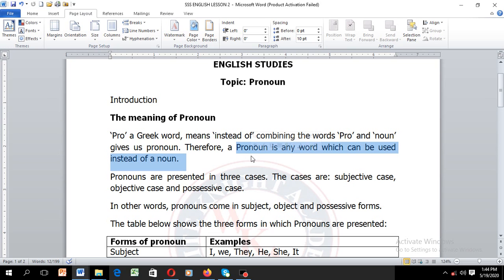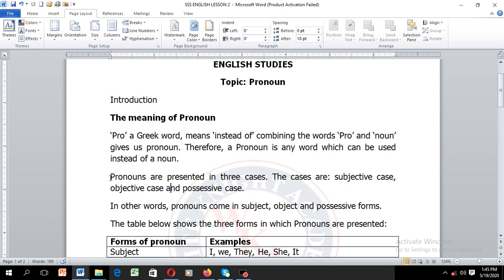So when we say pronoun, we are talking about words that are used instead of a noun. Is that taken?